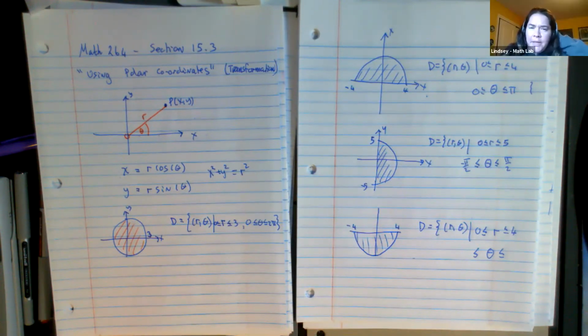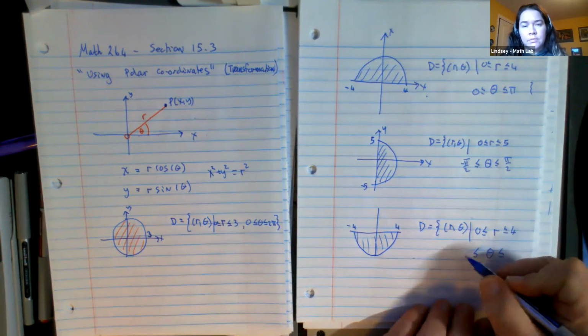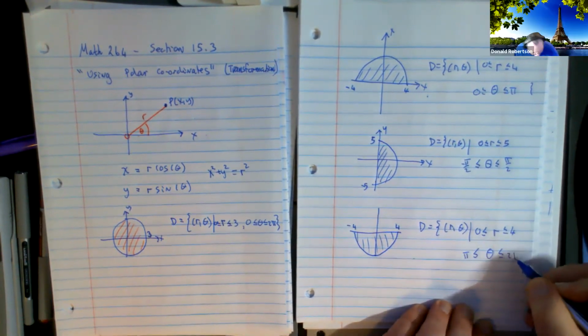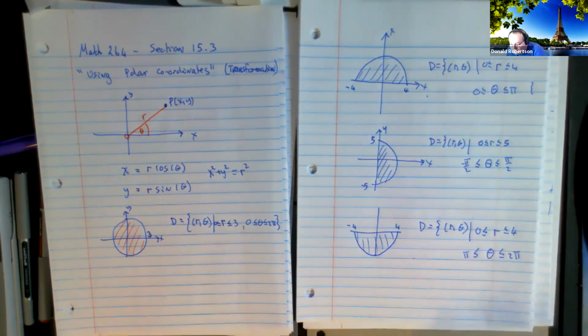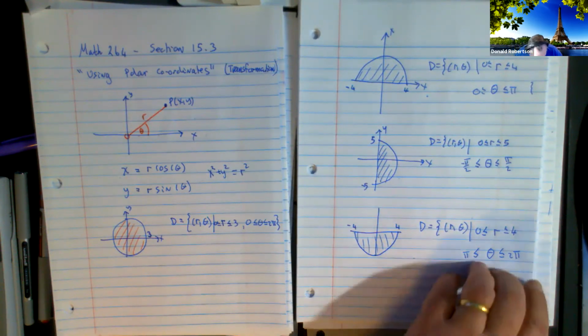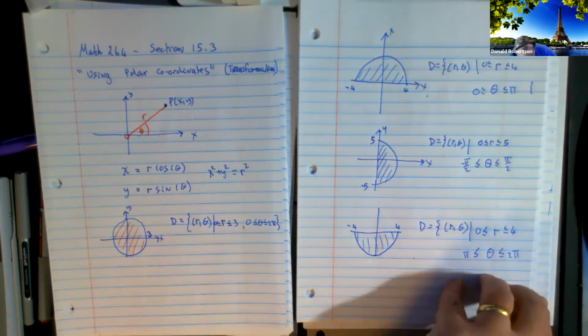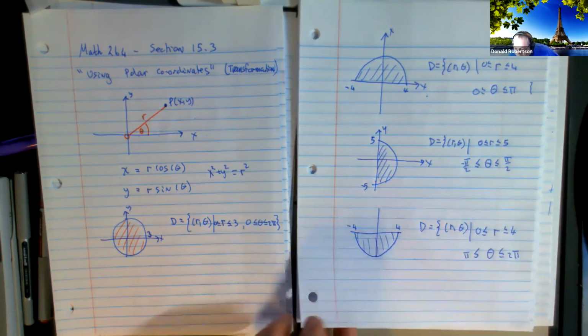Could you call it pi to 2 pi? I would. Could you call it negative pi to 0? Yes. That would have the same effect, but I would choose pi to 2 pi. Well, we've pretty much broken a circle into various pieces, which is nice, but we can do better.